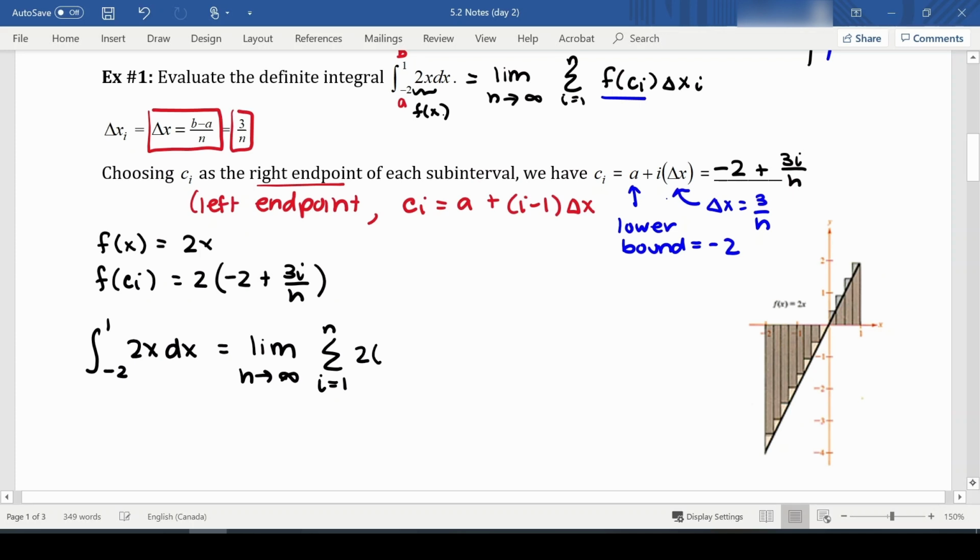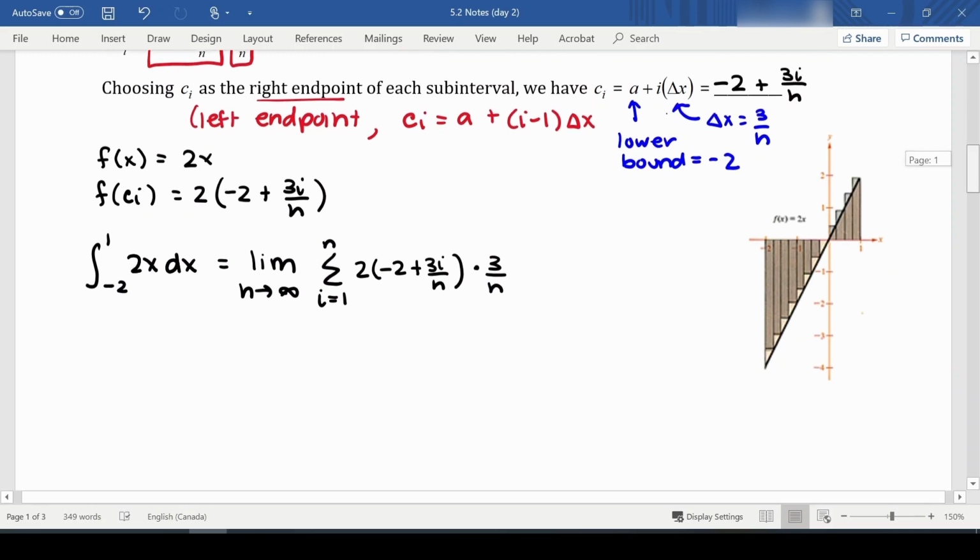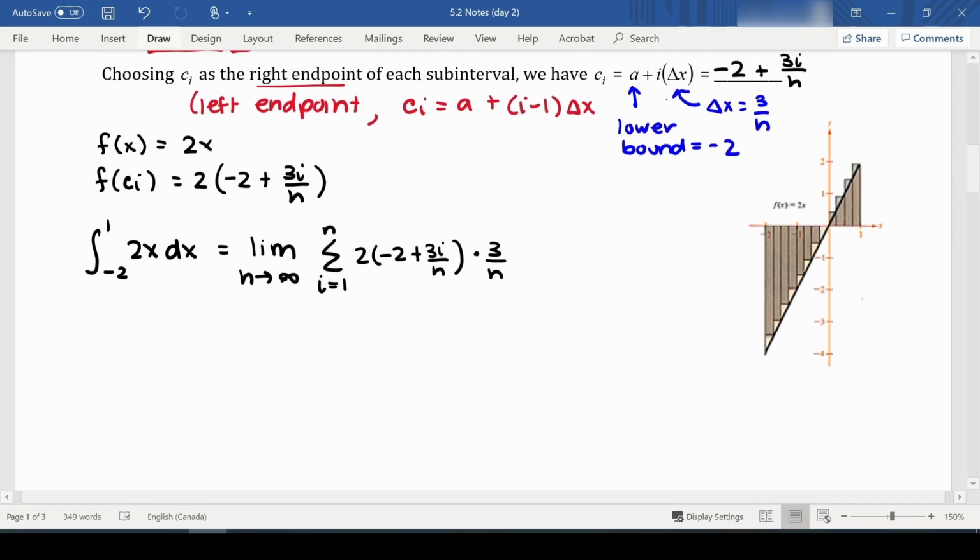So we end up with 2 times negative 2 plus 3i over n is our f of ci, times delta x, which is 3 over n. And now we're going to have to do some work. Okay? We need to simplify this giant sigma expression so that we can take our limit.